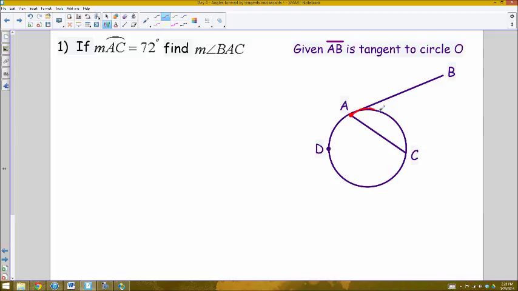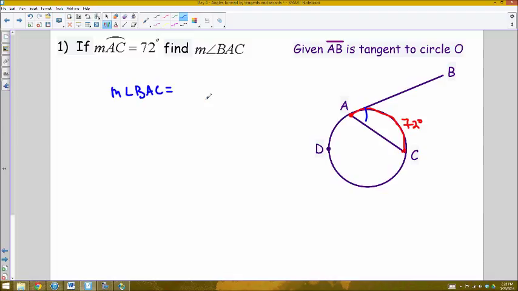Okay, so in the context of an example, if I know that the measure of arc AC is 72, well, arc AC here is 72 degrees, and I'm trying to find the measure of angle BAC, this angle.